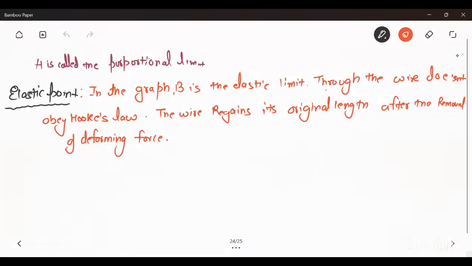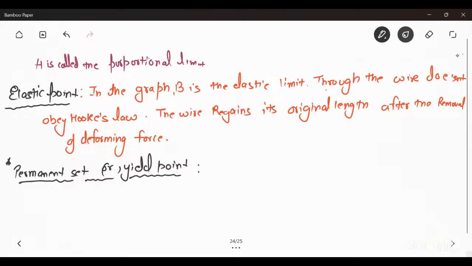Now next is the permanent set or yield point. Mark this point as important because it came in a single question also. What is the permanent set or yield point?